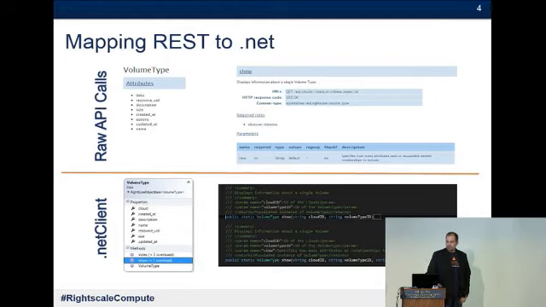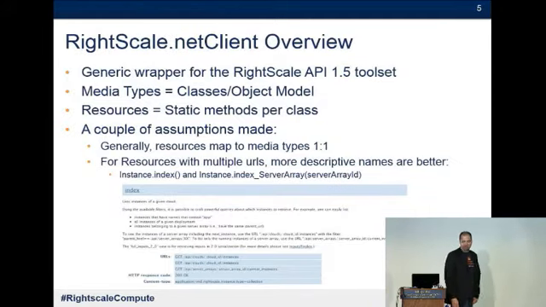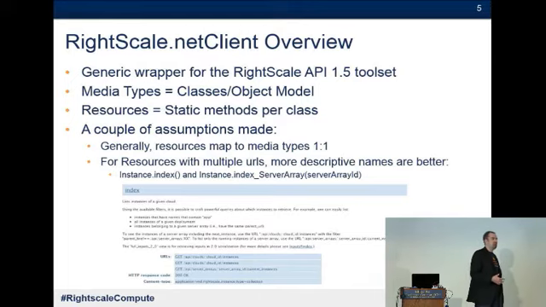And we did as much as we could to make it one-to-one, but there are some notable cases where, if you guys do go check out the code after this session, there are items where, for example, this index on instance is setting it up two ways. There's one where you can call an instance directly from the cloud. You can index all of the instances in the cloud, or you can index all of the instances in a server array.